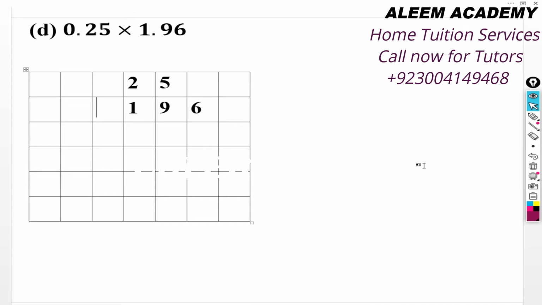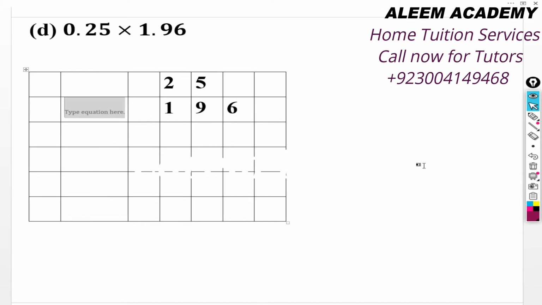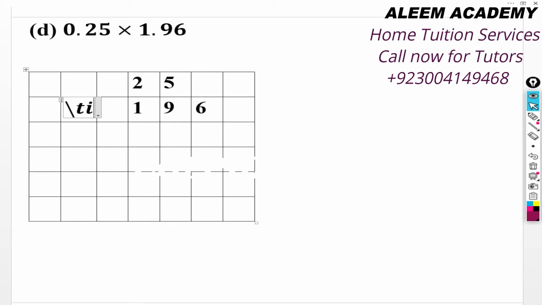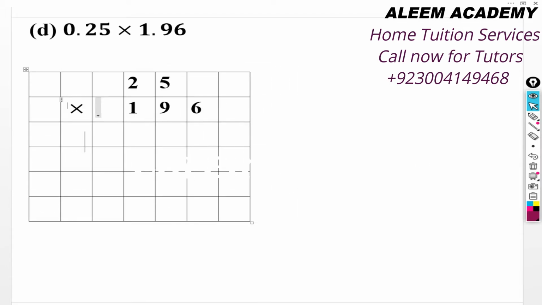Okay, so we have to multiply them. So we write the operation that we have to do here. Okay, now we start multiplication. 6 5s are 30. In place of 30 we write 0, and 3 will be added later, and 6 2s are 12, and 12 and 3 becomes 15. So we write here 15.